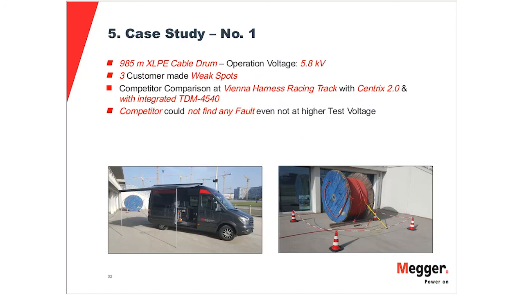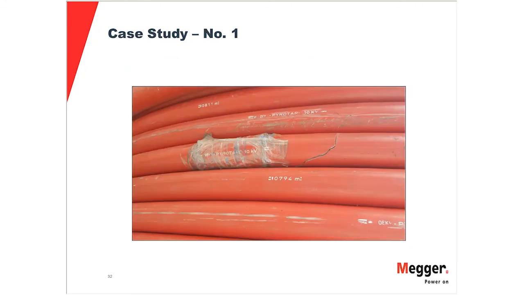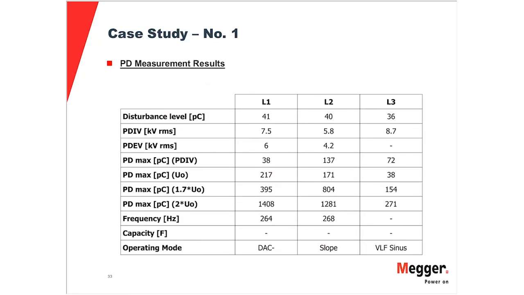That's pretty much the equipment which I tried to explain before. Also important to mention is that both our competitors could not find any fault, even at higher test voltage, and you will see why this has happened. So here you see the fault built into the cable, and here you see the achieved results.